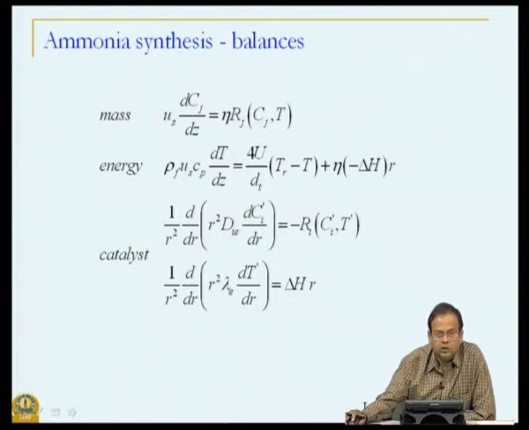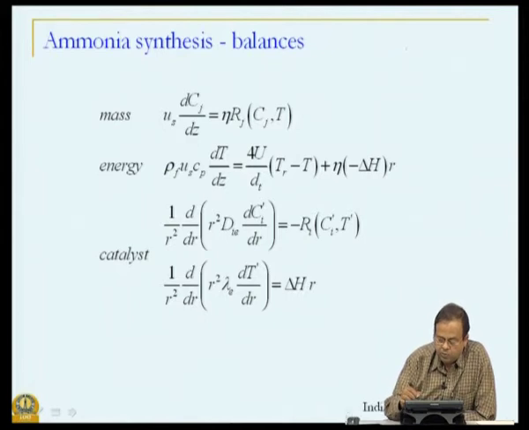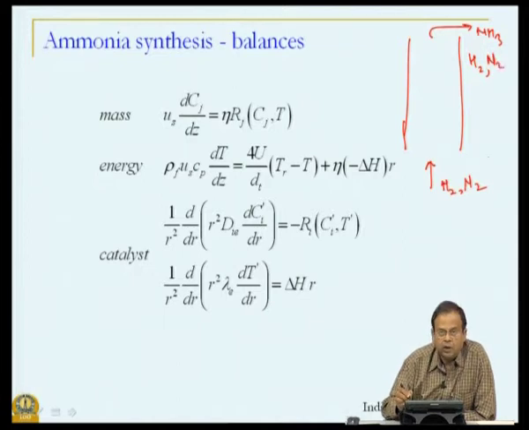So, let us set up the mass balance equations for this particular reactor. Now, what do we have here? We have a fixed bed reactor here, and let us say that we are passing hydrogen and nitrogen, and ammonia and unreacted nitrogen and hydrogen are coming out of the reactor.